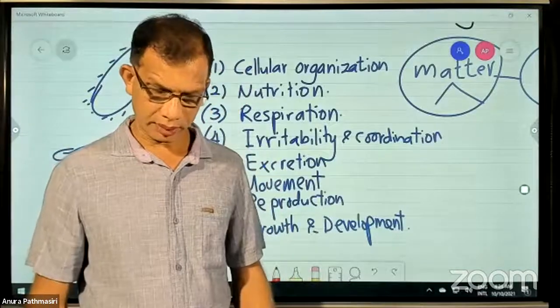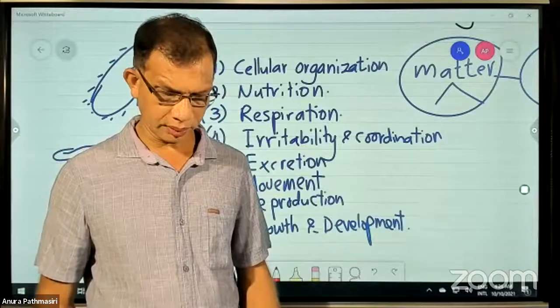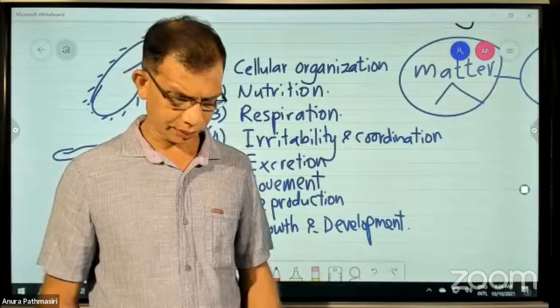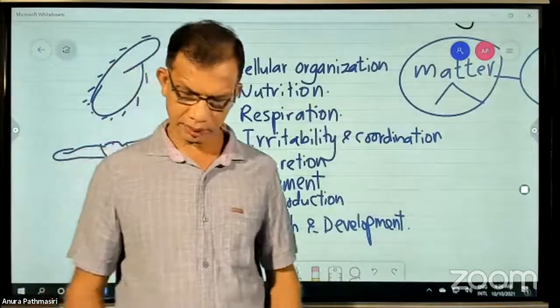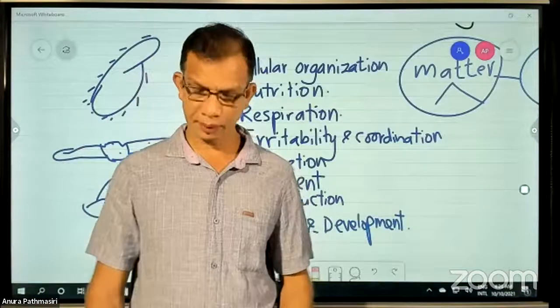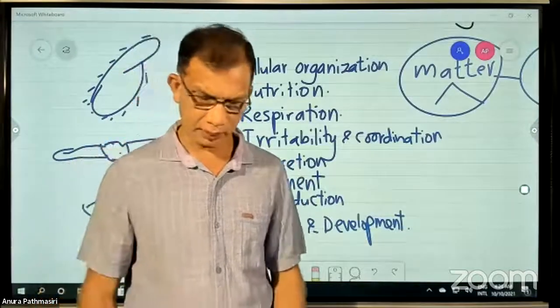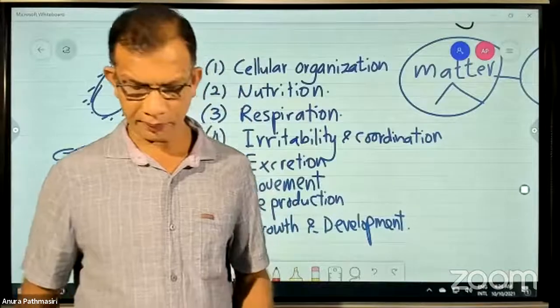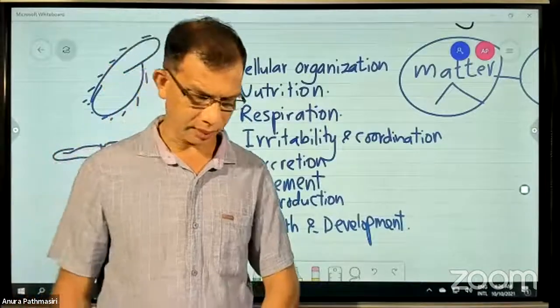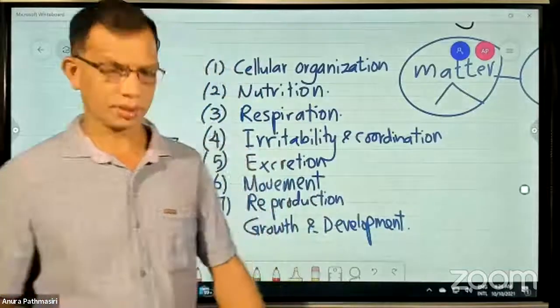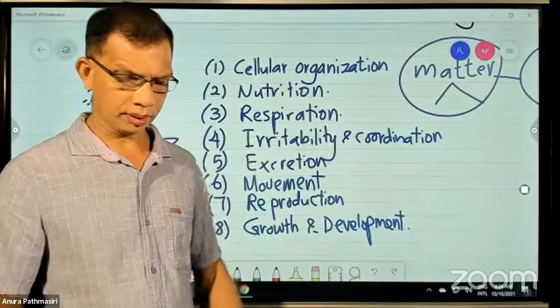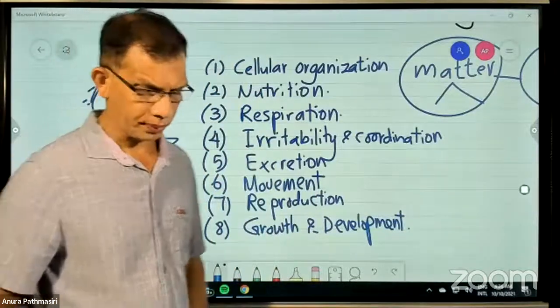Irritability and coordination is there. Excretion, we can have questions from excretion. We can have questions from reproduction, and growth questions from growth and development. And maybe virus is there when considering. Well, let's try to make the questions from them.